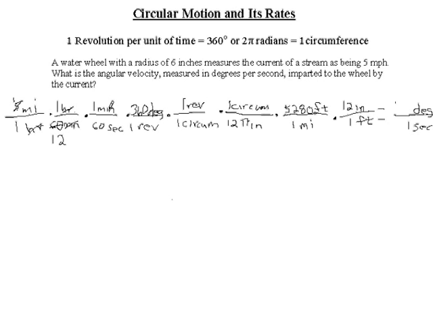Minutes cancels with minutes. 60 will cancel with 360 and give us 6. And there's the degrees that we want to keep. We're going to cancel out the revolutions, the circumference. The 6 will cancel with the 12.